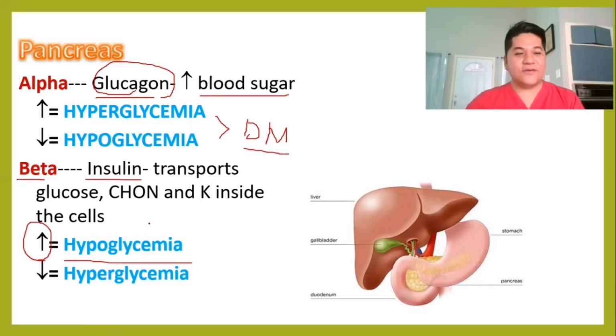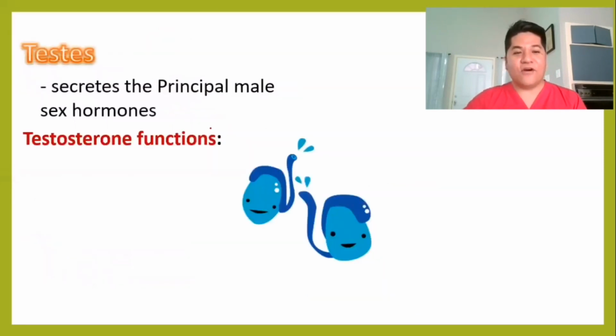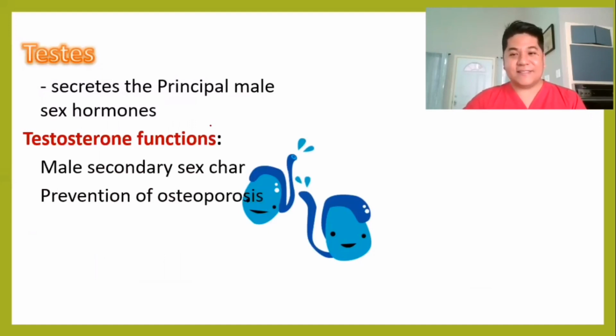Okay, so that's for your pancreas. Now remember, the pancreas is an exocrine gland because it has a function on the GIT, and it also functions as an endocrine gland.